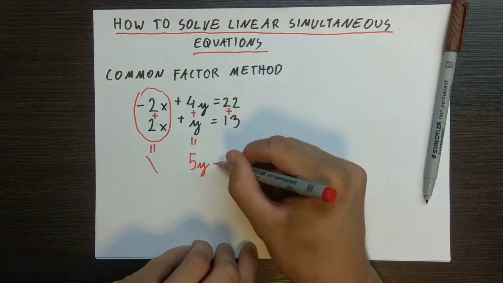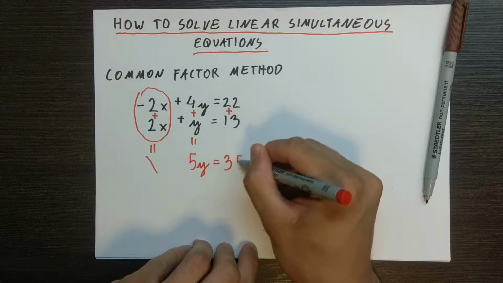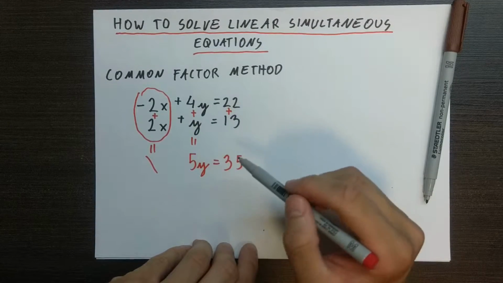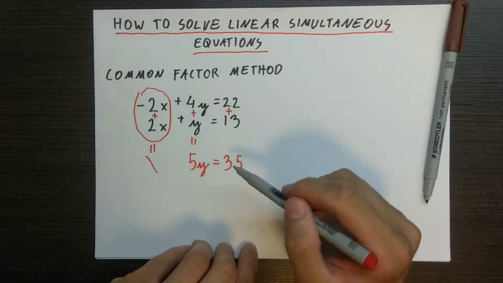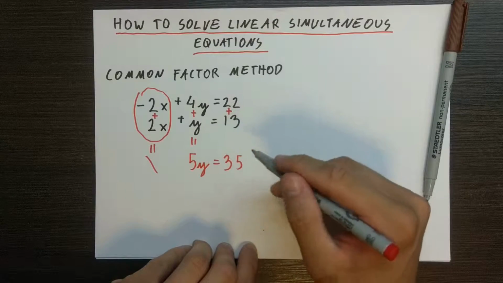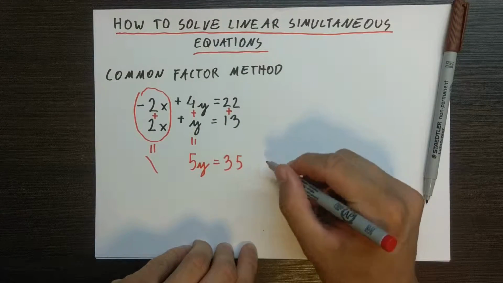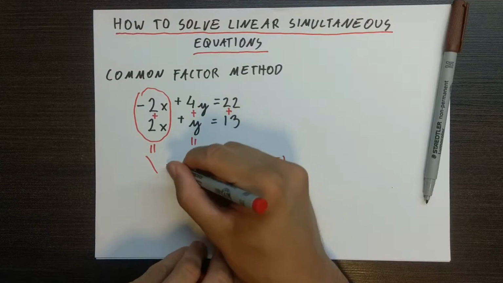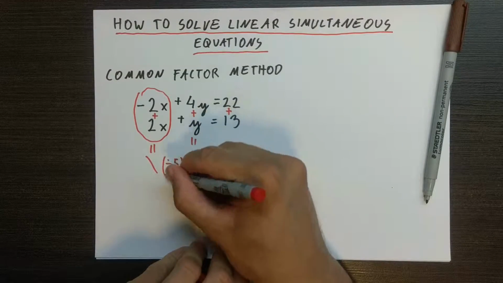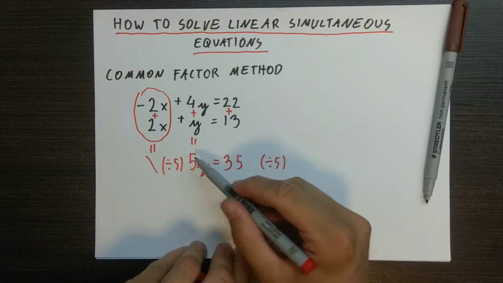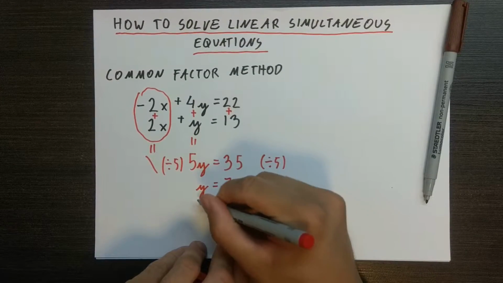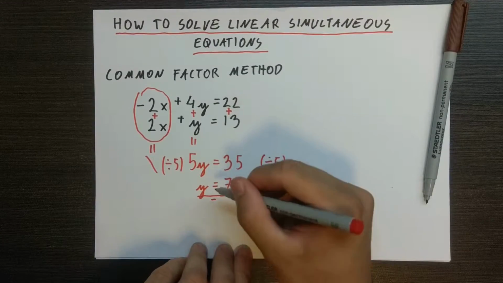That makes 35. And now, as you can probably see, this is much simpler to solve for y, because all we have to do is some basic algebra. We divide both sides of the equation by 5, because we're getting rid of that 5 here. So now we have y, which is equal to 7. And that is our answer for y.